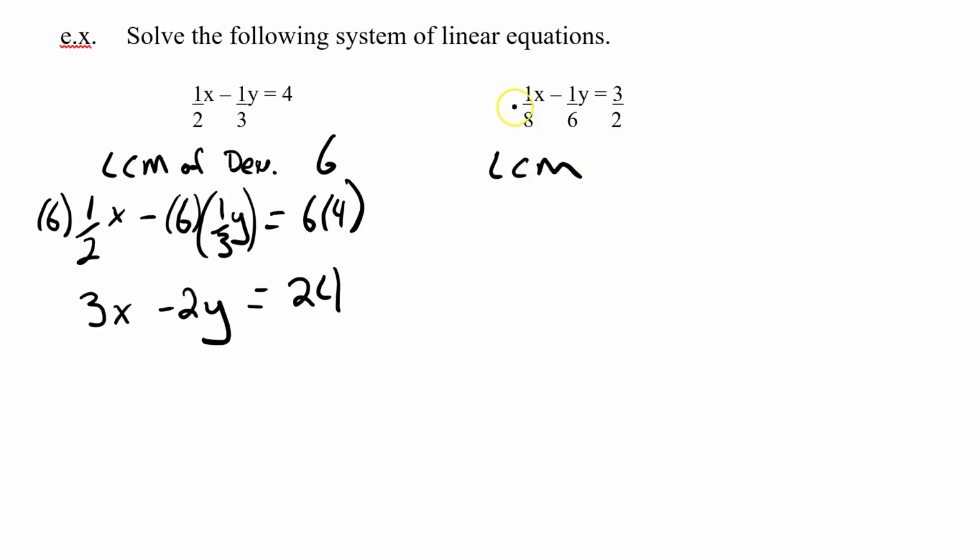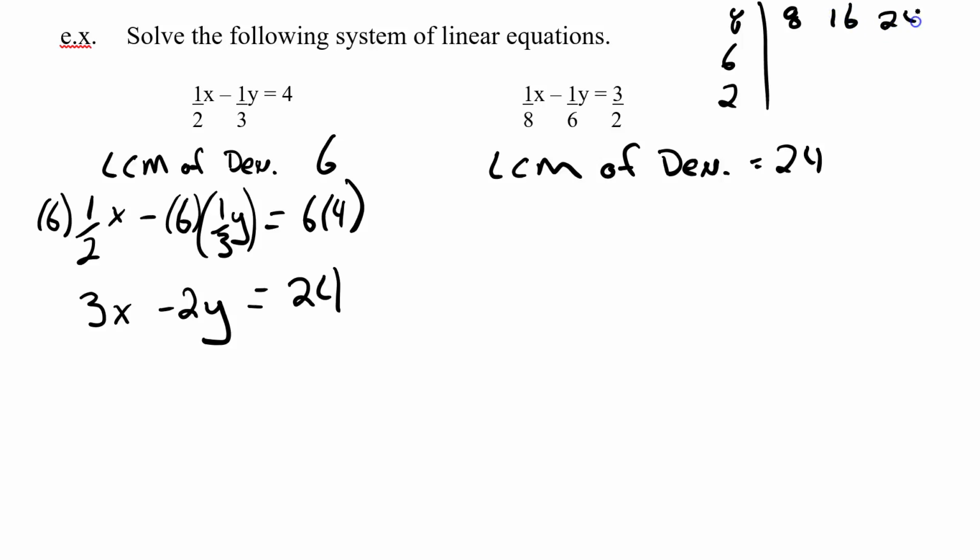LCM of 8, 6, and 2. So the LCM of the denominators is 24. Now remember, you can go 8, 6, and 2 and start figuring out which is the lowest common multiple. I could get 8, 16, 24, 32.